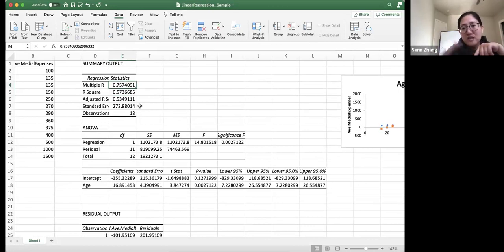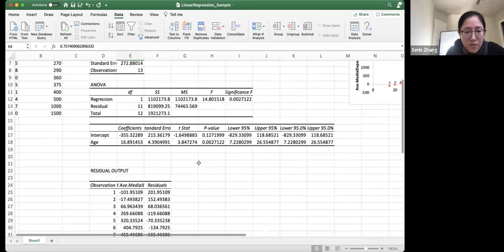The strength gets greater if it's close to 1, either -1 or +1. So it's close to 1, okay? I think it's somewhat strong, not very strong, but a somewhat strong linear relationship.